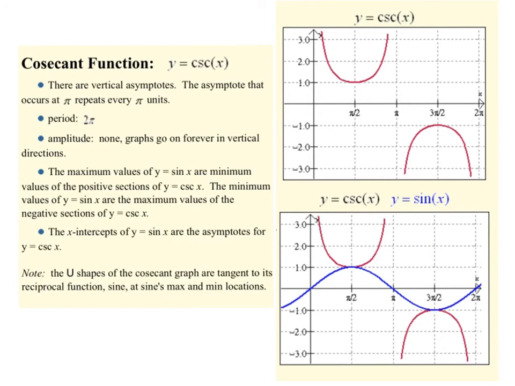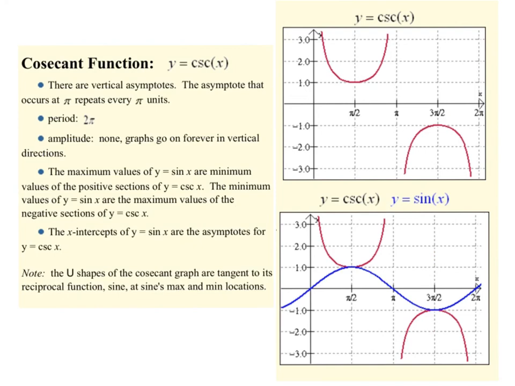By itself, it's just this graph here. It has a period of 2 pi, just like its parent function, and it starts at 0, and it usually terminates at pi, and then it repeats. But it does have this asymptote at pi, 2 pi, etc.